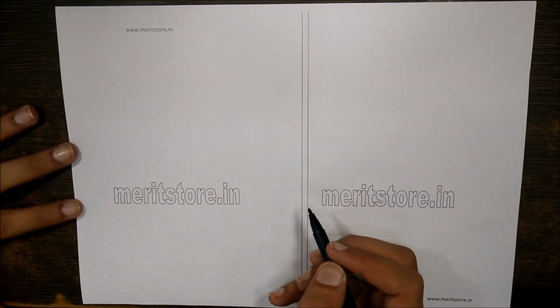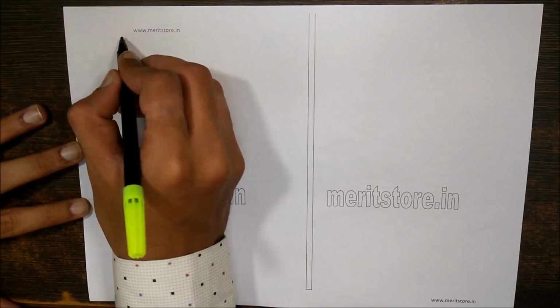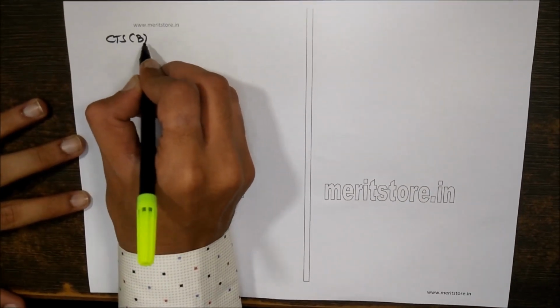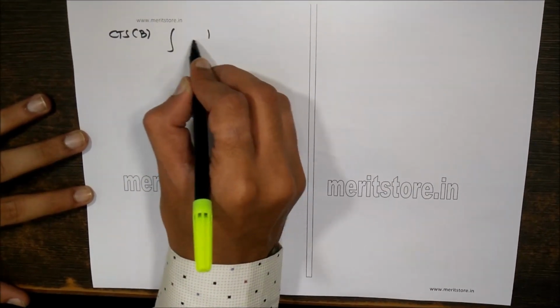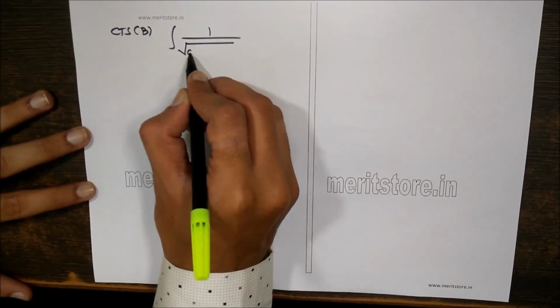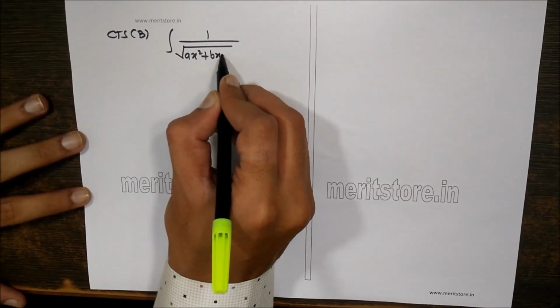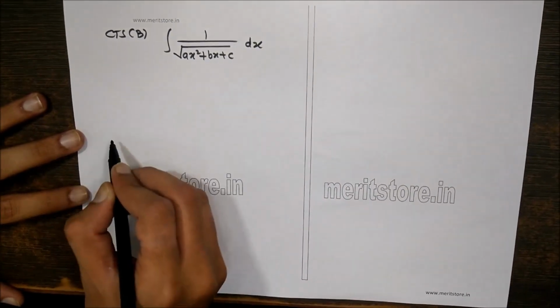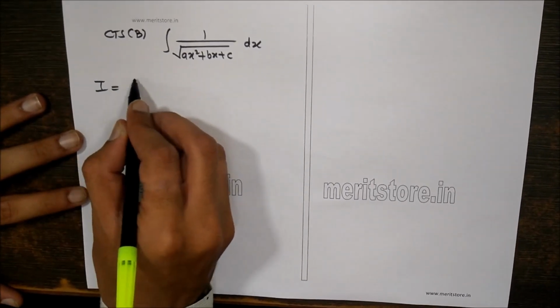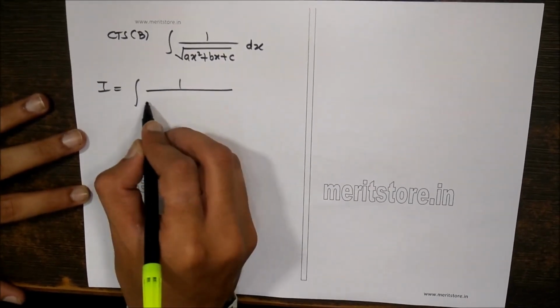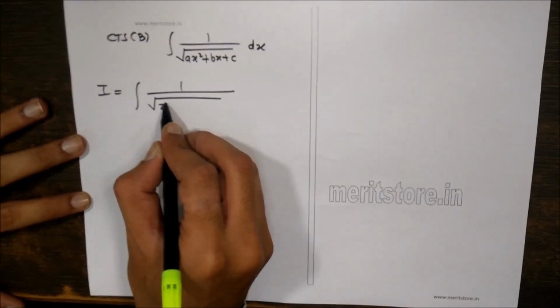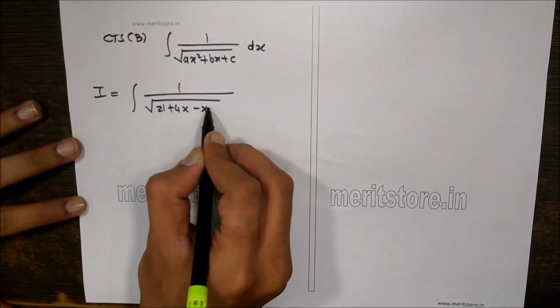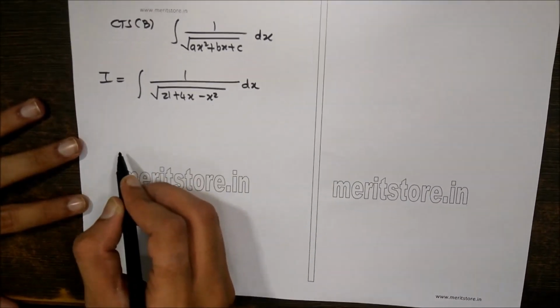We'll now pick up an example of CTS category B. In CTS category B, it is of the category integral of 1 upon root of ax square plus bx plus c dx. We'll pick up a simple example of integral of 1 upon root of 21 plus 4x minus x square dx.